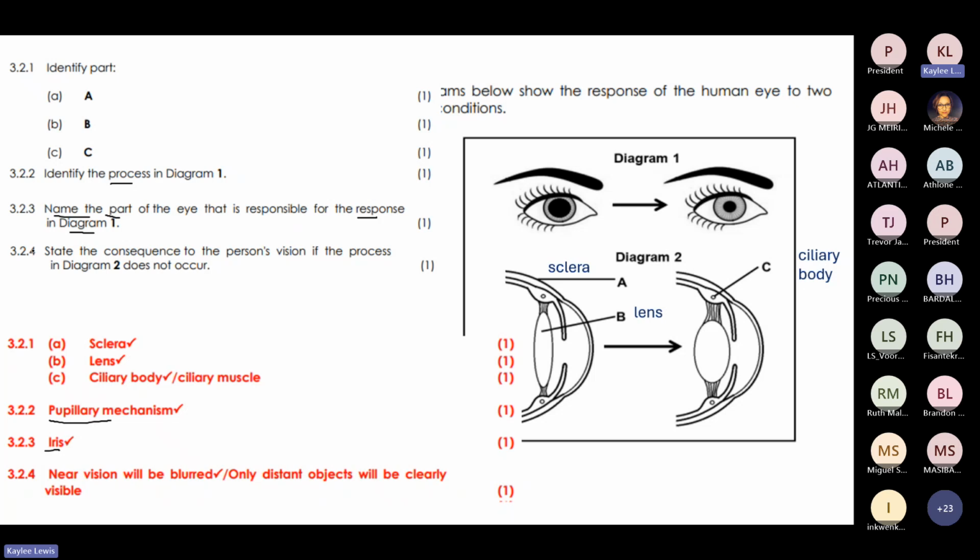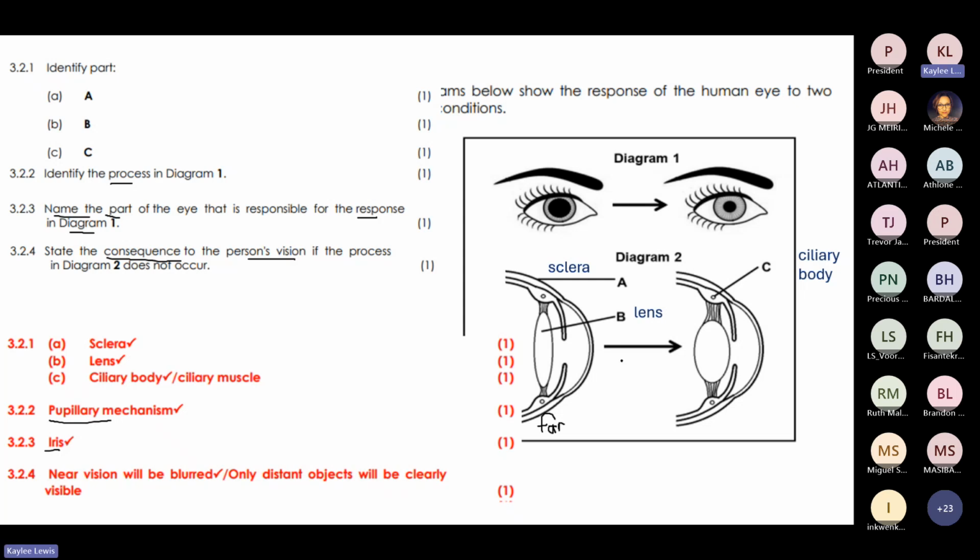Then 3.2.4, state the consequence to a person's vision if the process in diagram 2 does not occur. So how will the person's vision be affected if this process is not happening? Now remember in diagram 2, we have a less biconvex lens, so a flatter lens, which is for far objects, so seeing things far away.